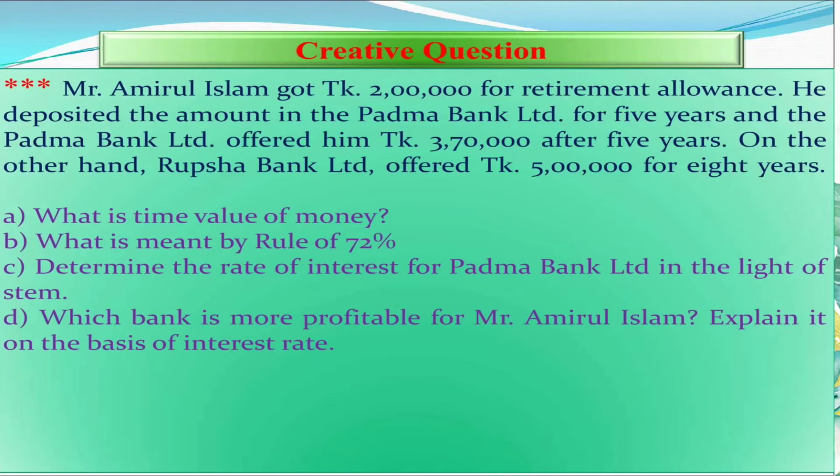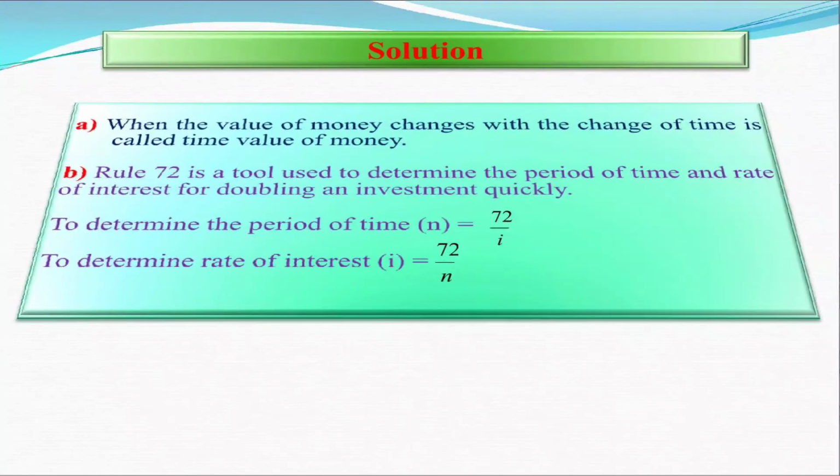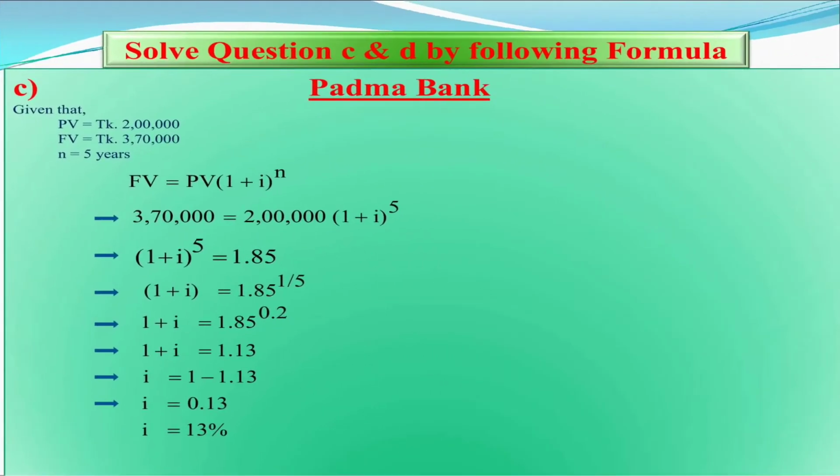That means this 3,70,000 taka is the future value. So here we got the values: present value is taka 2 lakh, in case of Padma Bank future value is taka 3,70,000, and number of years is 5. So let's go on to determine the rate of interest of Padma Bank in the light of STEAM.